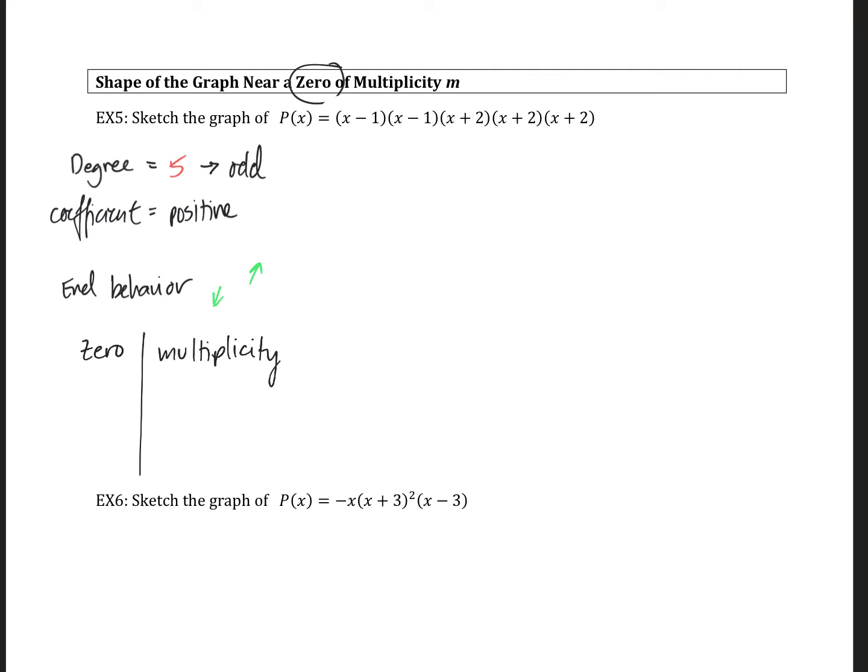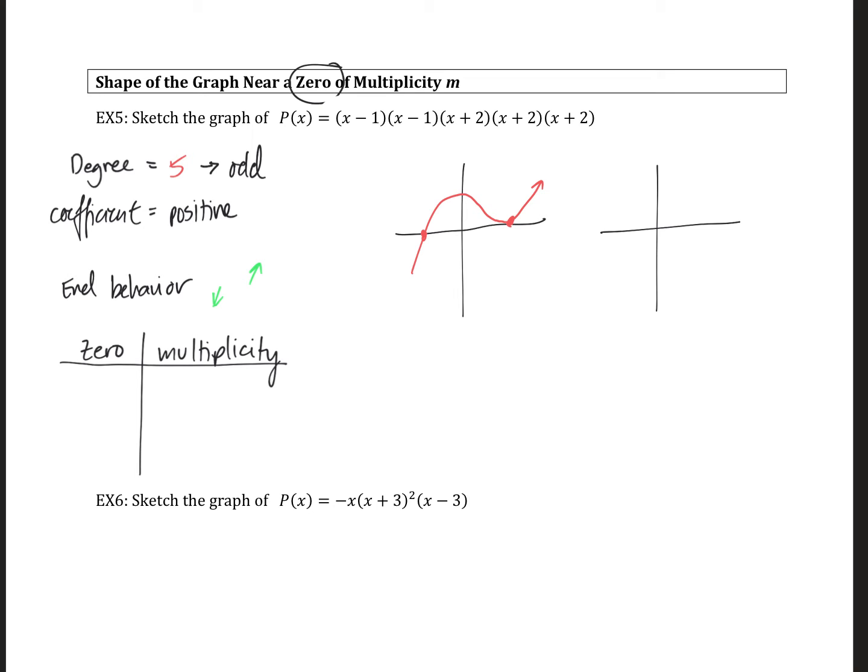The thing about multiplicity is it changes the way our graph moves through the zeros. Let me draw a few examples so we get an idea of what I'm talking about. These are not actually for our problem, these are just examples. Let's say we have one option where our graph goes up through the axis and bounces back up.